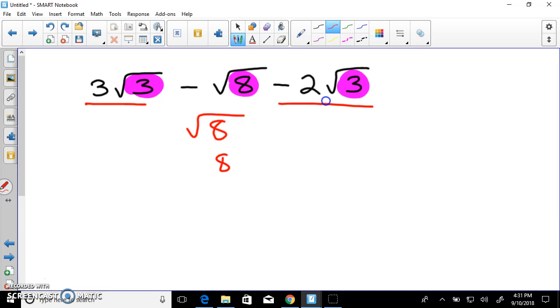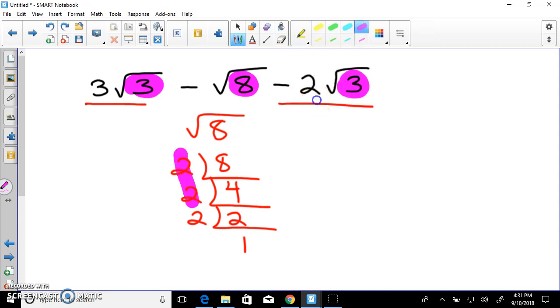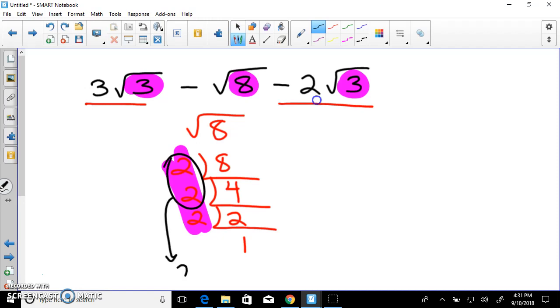So let's do that. Let's do our upside down division. Okay. We've got prime factors of 2. I've got a group of 2 2's, so we'll bring that down. 2 square root, there was one little 2 left over.